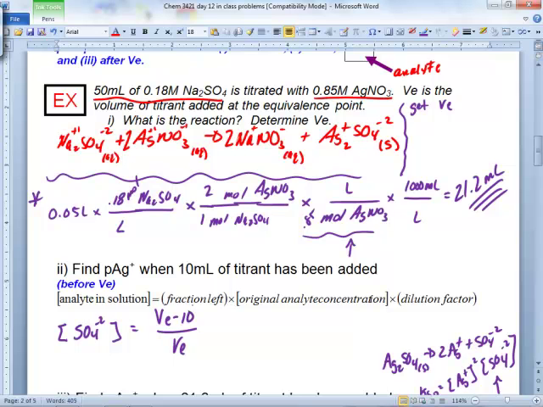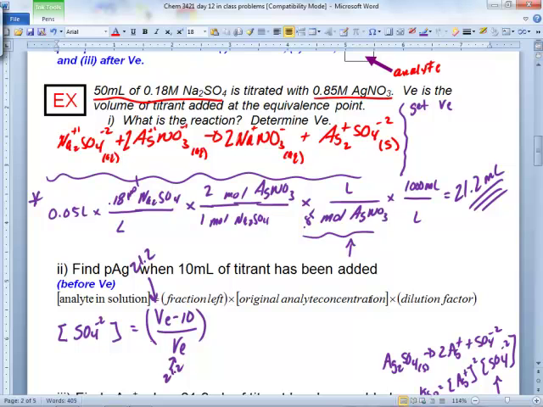So you put in the number for VE, subtract how much you've added, divide it by VE, that's the fraction. Does that make sense? If you add VE, there's no fraction left, you get 0. VE is 21.2. So that's how you get the fraction left.